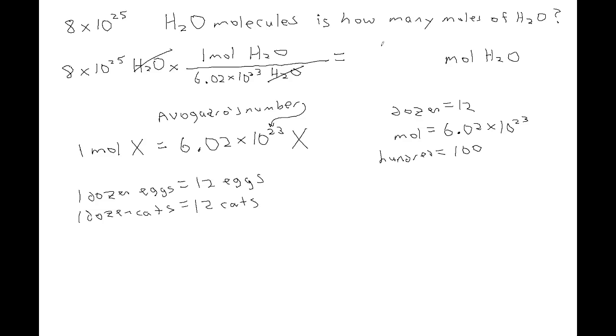And then I got 133.3. Okay, I got something a little different. I probably rounded differently. If you use 6.02, I think you get 100. Well, I could round it off to 133. So we both got 133. Okay, good.